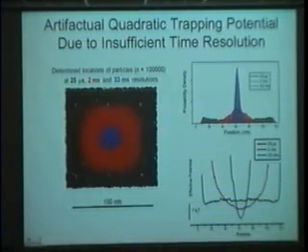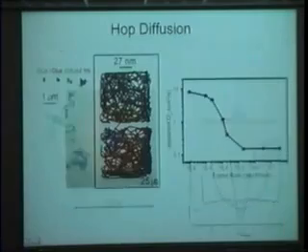And if you do it at a high enough time resolution, you say, oh no, wait, it's a square well potential. There have been some publications recently, done at 33 milliseconds, that say they have a quadratic potential, and I don't think you can say that with the data. You have to change the frame rate to see if this does not change. Once you get a stable potential, you're done. That's the correct potential. But the limitations due to insufficient time resolution can bring up artifacts in the interpretation.